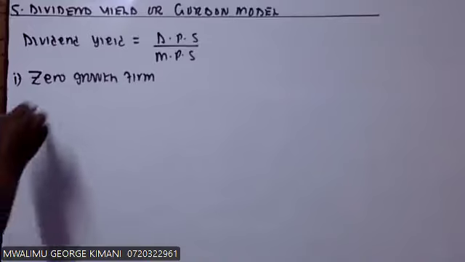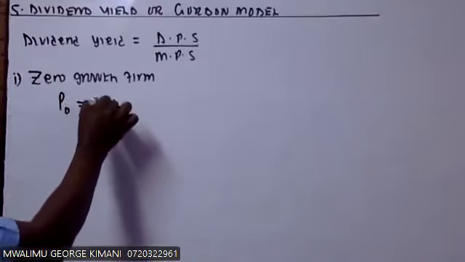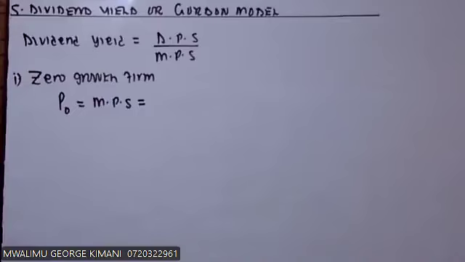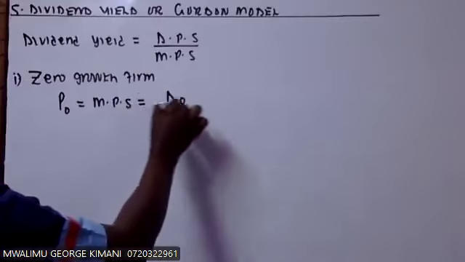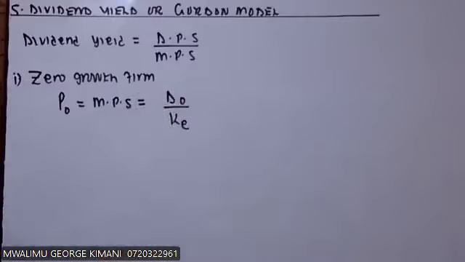So here we say P naught, the market price per share, will be given as D naught over KE. So all those initials, we know them.